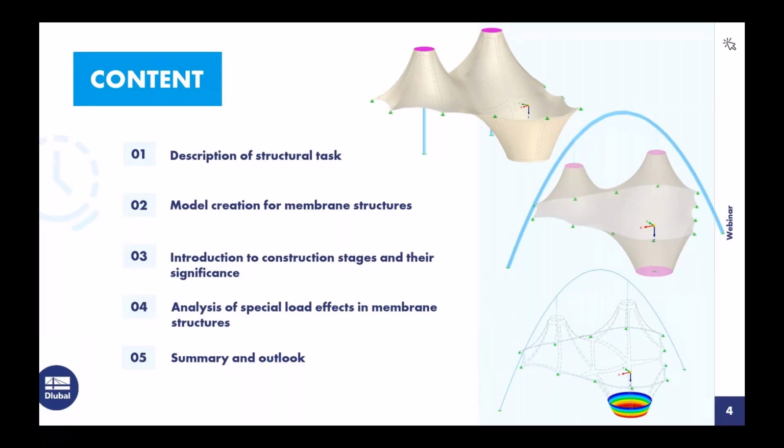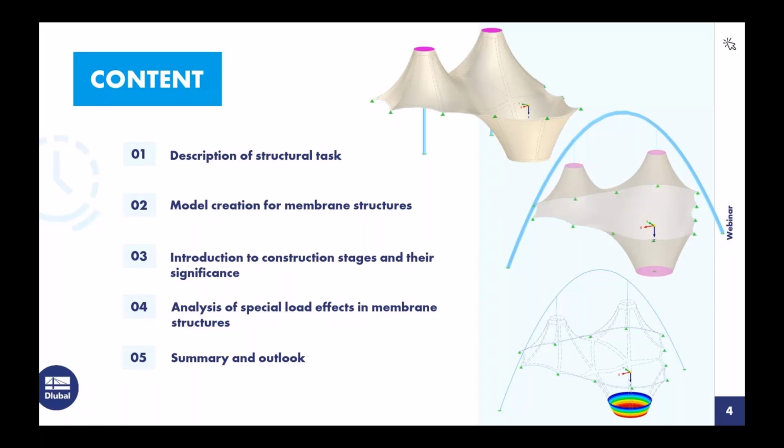I divided it in separate main points to lead you through this topic. At first, we make some thoughts together about the structural task, what we want to do and how we change it during the calculation. Then we model this in RFEM together from scratch. In the next, we take a look at results and why we should consider stages during the calculation.